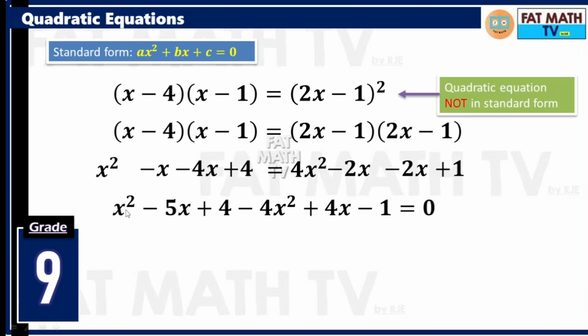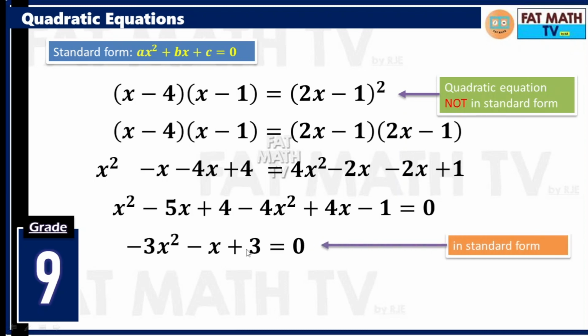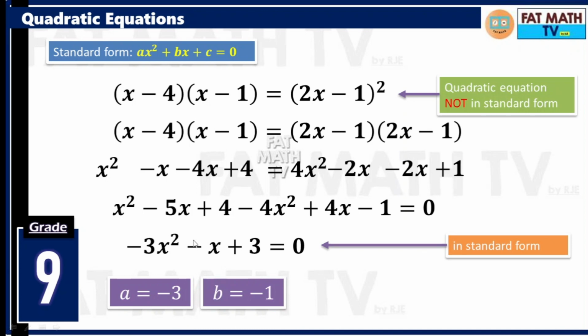Combine like terms: x squared minus 4x squared, that is negative 3x squared. Negative 5x plus 4x, that's negative x. 4 minus 1 is 3 equals 0. So this one now is in standard form with a equals negative 3, b equals negative 1, c equals 3.